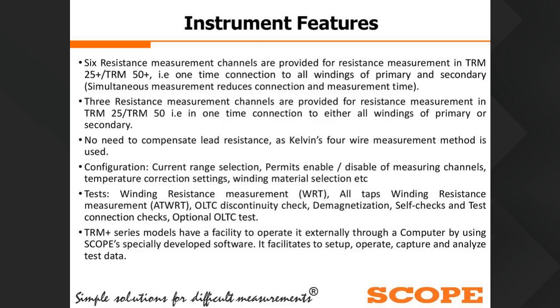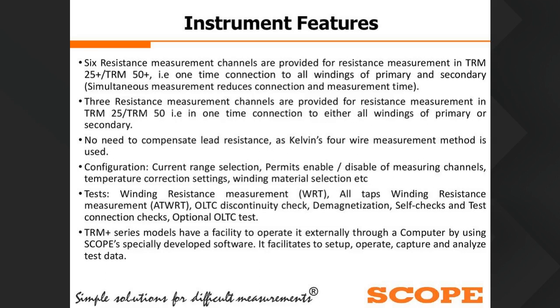Another model, TRM25 and TRM50, is also useful: we need to connect the instrument to either primary or secondary to measure the winding resistance of the transformer. There is no need to compensate lead resistance, because we have used the Kelvin's 4-wire measurement method.